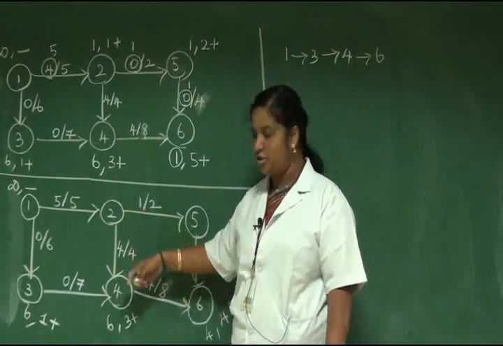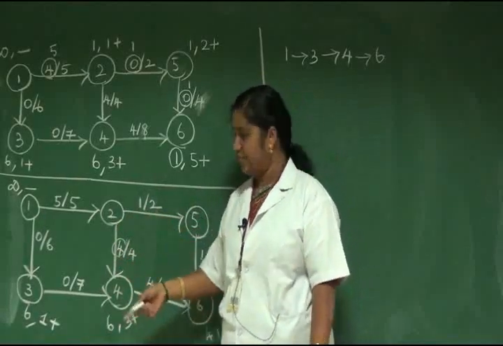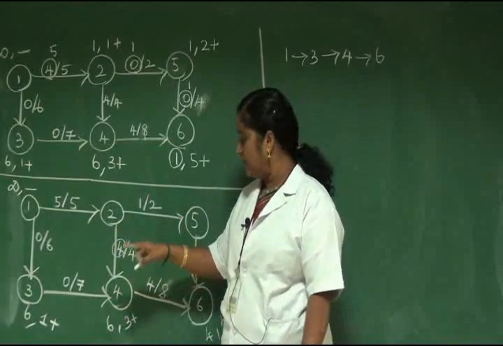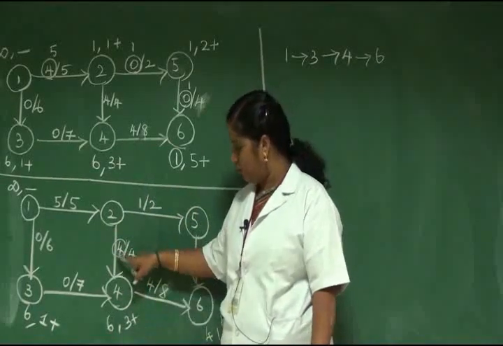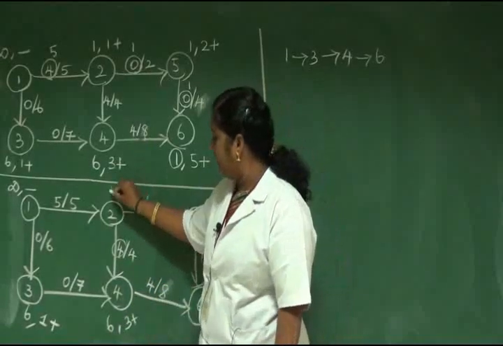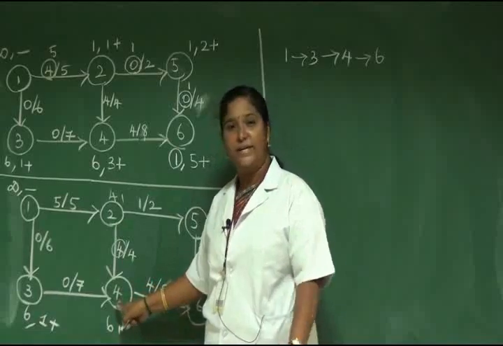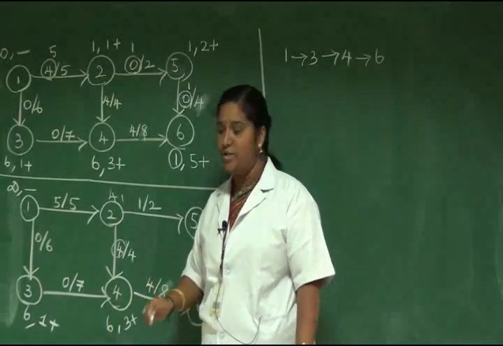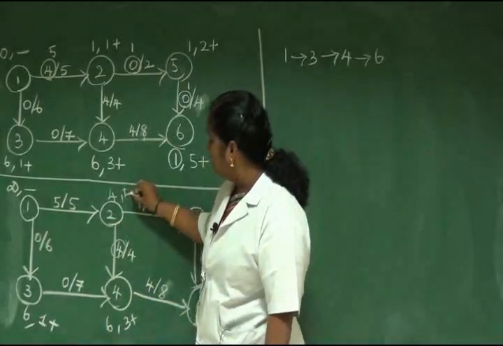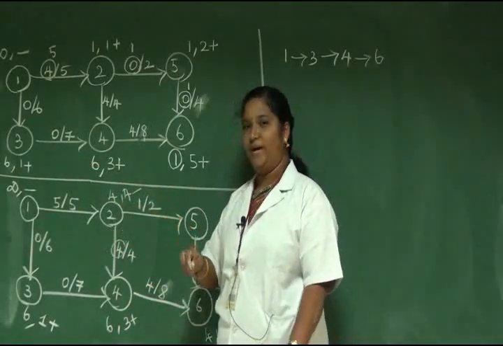So corresponding to this edge, the xji value is 4. 4 is greater than 0 and hence the condition is satisfied. So find out the minimum between this 4 and previous label's first value. It is 4. So you can write 4, and since this vertex 2 is reached from vertex 4 by means of a backward edge, you have to write 4 minus. So the label of vertex 2 is 4 comma 4 minus.